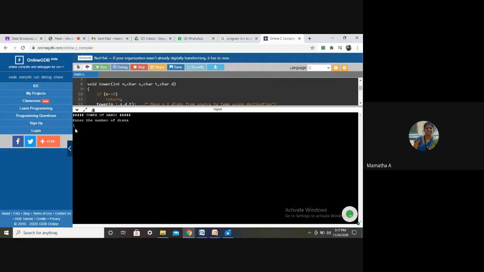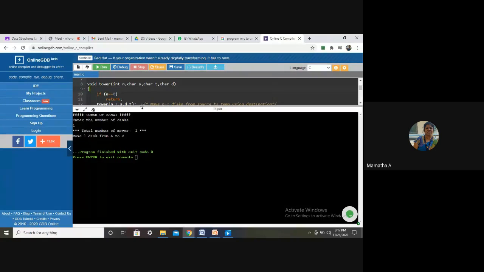Okay. The number of disks is 1. How many movements? 1. The movement is from where to where? Source to destination. So numbering is disk 1. Can you see? Total number of moves is 1. I think I should have named it the other way around.